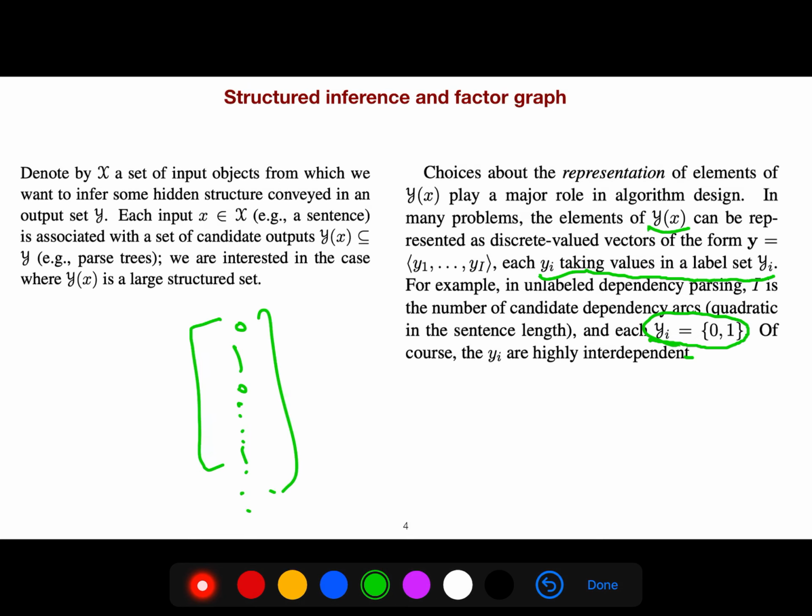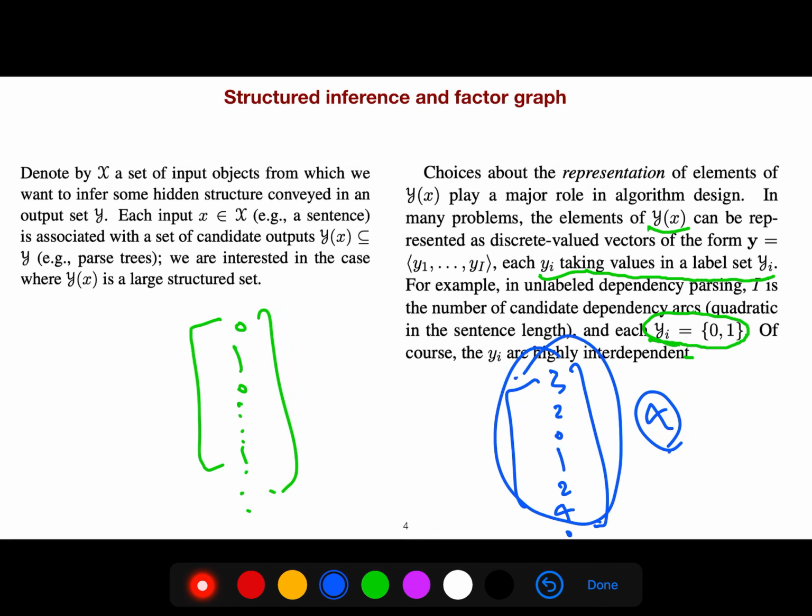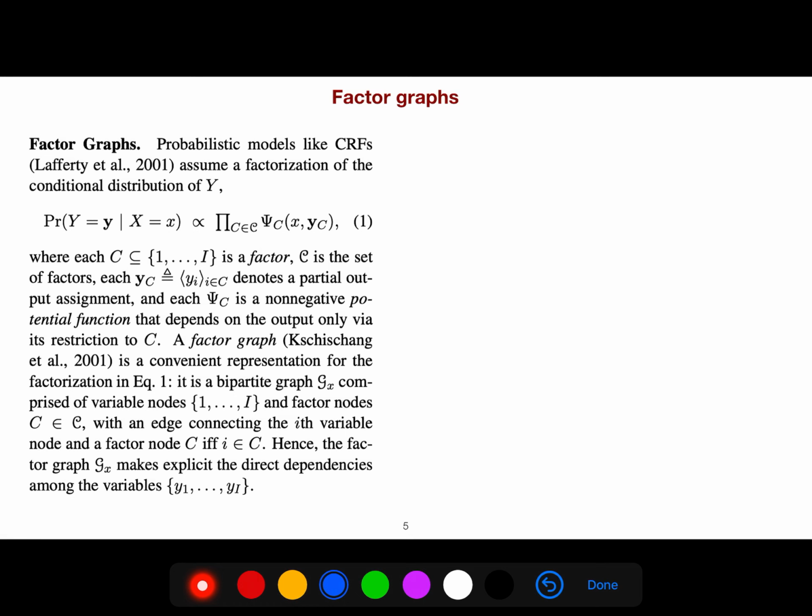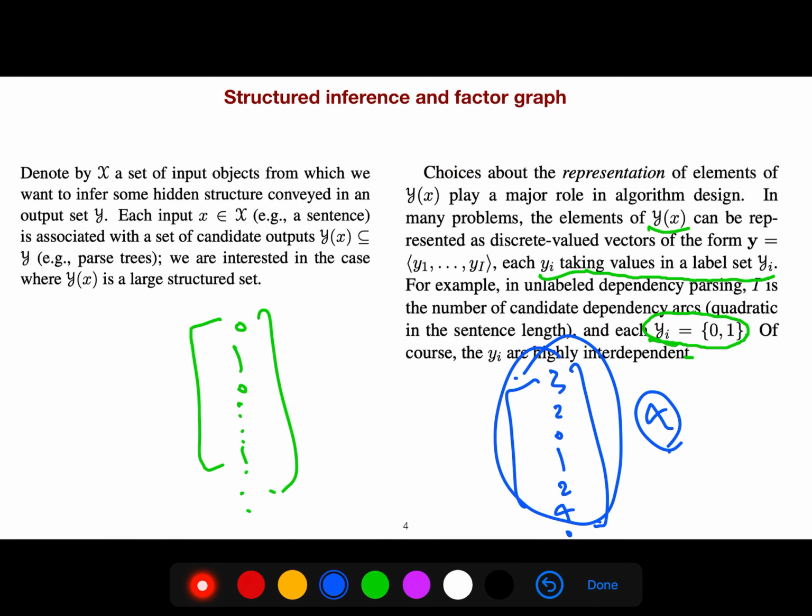This is for unlabeled dependency parsing, or it is like 3, 2, 0, 1, 2, 4, 0. Assume that we have only 4 discrete values that represent 4 different labels. So it represents everything that we have. Edge 1, for example, has label 3, edge 2 has label 2, and so on. Here, this edge is enabled, this edge is not enabled, this one is enabled.